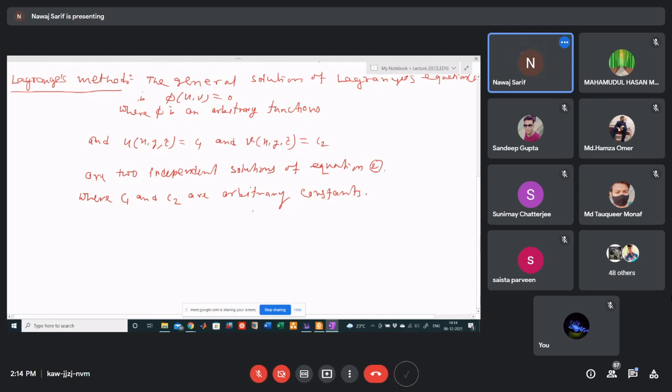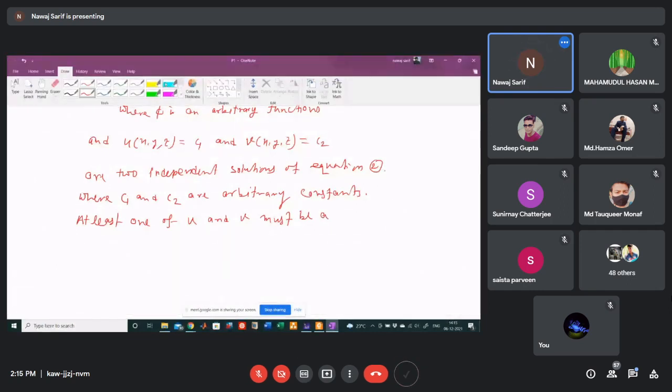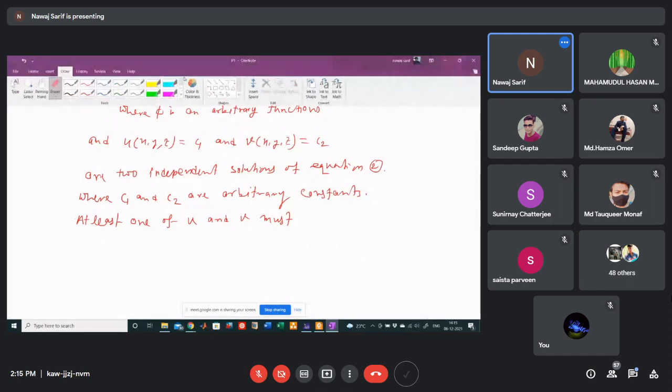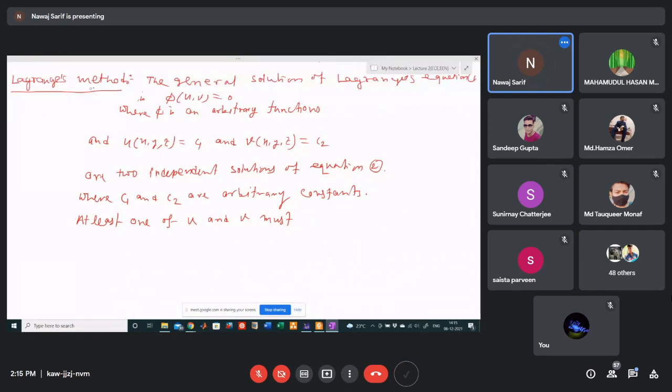Write one thing: at least one of u and v must contain z, where z is your dependent variable.